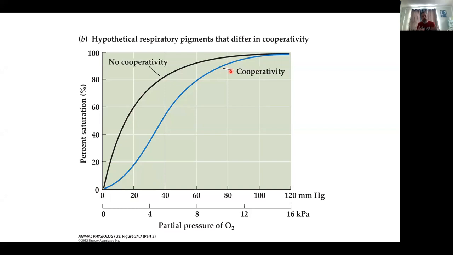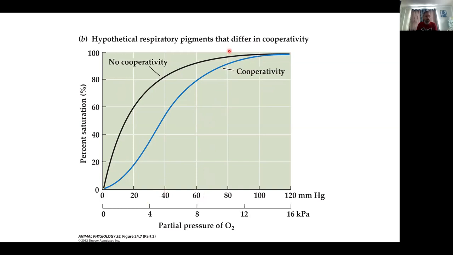And again, big changes there, right? What is the responsiveness of the pigment to changes in partial pressure, in oxygen concentration? Hyperbolic will bind more oxygen faster, but the sigmoid one is more likely to release it at a higher partial pressure.